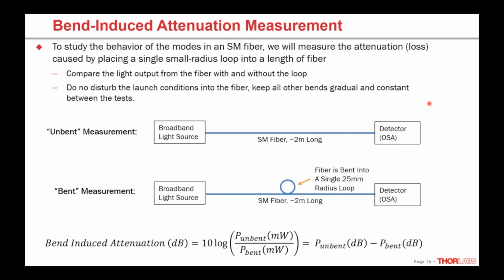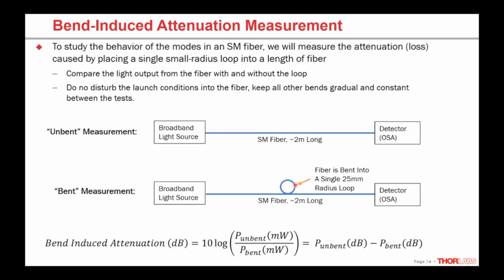But first, here's just a quick schematic of the test. We have a broadband light source coupled into the fiber, and you can use a pretty short piece. We used about 2 meters. And then at the other end, we have a detector. We used an optical spectrum analyzer. That way we can look at the optical power at each wavelength across a broad range of wavelengths. So first, we take a measurement with the fiber straight, and we get a curve of optical power versus wavelength.